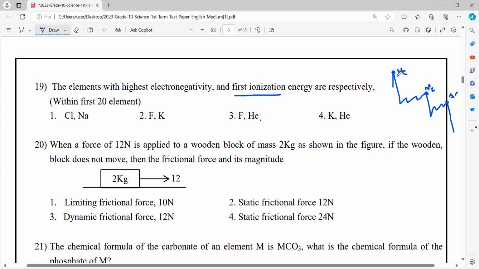So helium has the maximum first ionization energy.